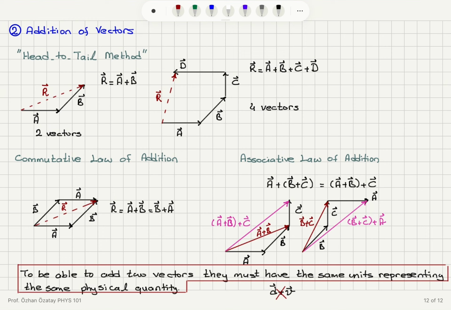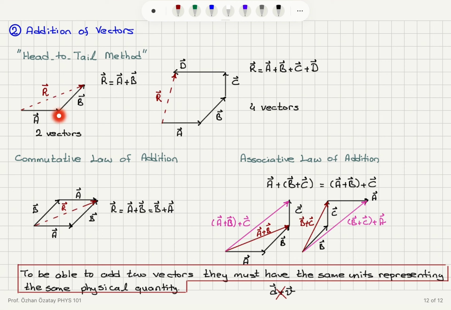Now, if you want to add two vector quantities, we can use this head-to-tail method, and we can also work in terms of the components that we'll talk about later. So here is vector A, and here is vector B. We first draw the first vector A, and we put the head of this vector touching the tail of the second vector.